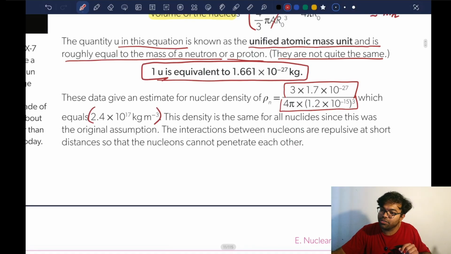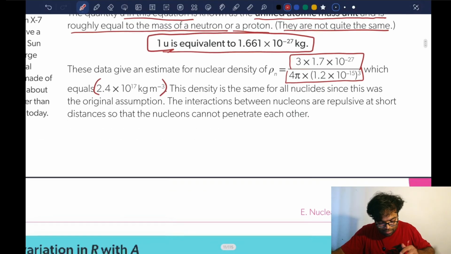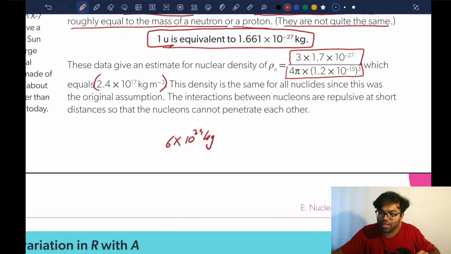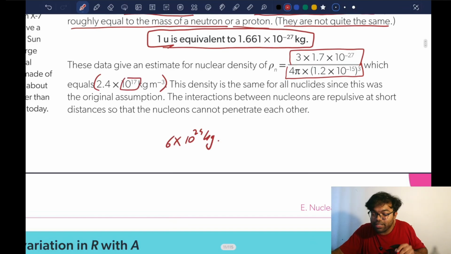Okay, understood? Akshay, do you know what the mass of Earth is? 6 × 10^24 kgs. Now, 1 kg of neutron is how much? 10^17.